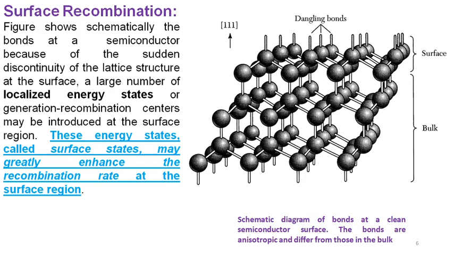If you have unsatisfied bonds or dangling bonds, which are called trap states, then when light is incident on a semiconductor material or thermal energy is given to it, instead of the electron-hole pair getting separated, they become recombined, and it will directly affect the optical properties of the material.